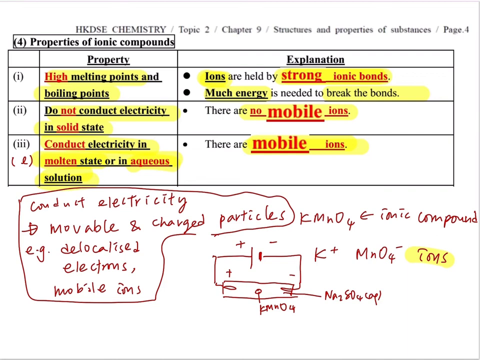Originally it is a purple crystal, and after some time you will see a purple patch move to this side. Why? Because the permanganate is negative and moves to the positive terminal, because it is attracted, 正負相吸啊. The negative permanganate ions are attracted to the positive sign because positive and negative attract each other.